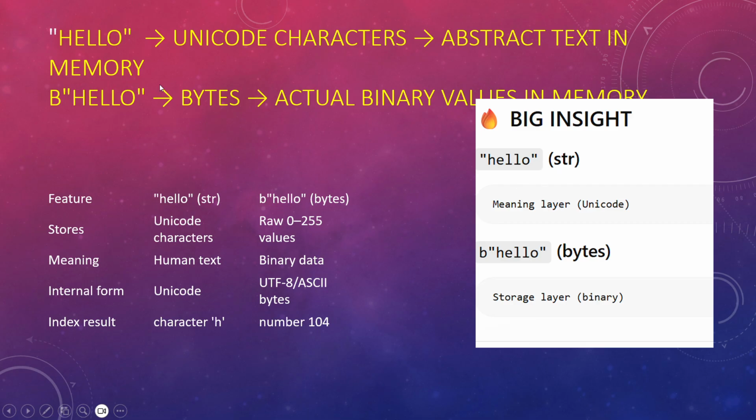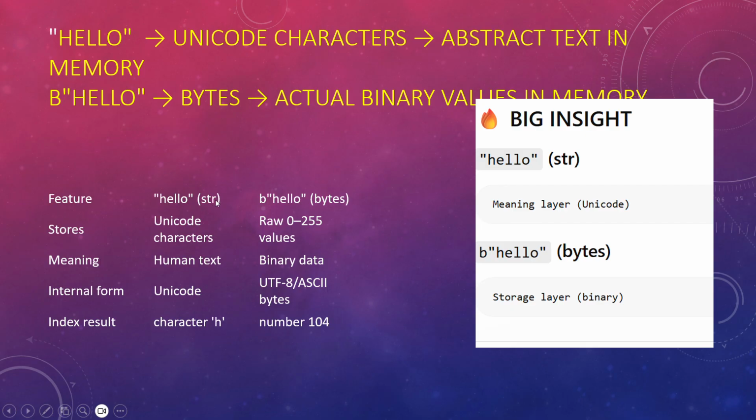If you print hello data, it will be the character representation. Here we have the hello string type, and this is bytes. So what does this store? It stores Unicode characters, meaning the unique representation is stored. But when you say bytes, it will store the actual raw byte values in the memory.